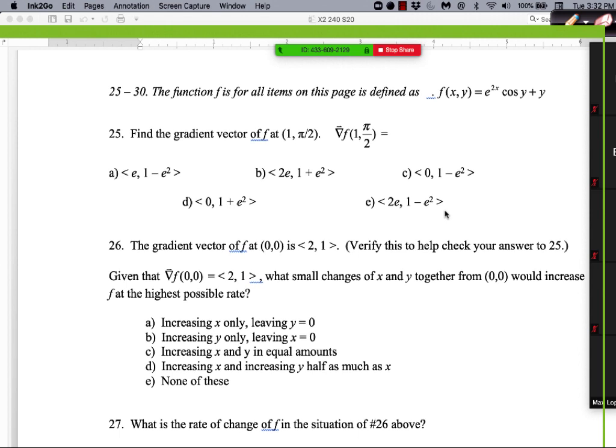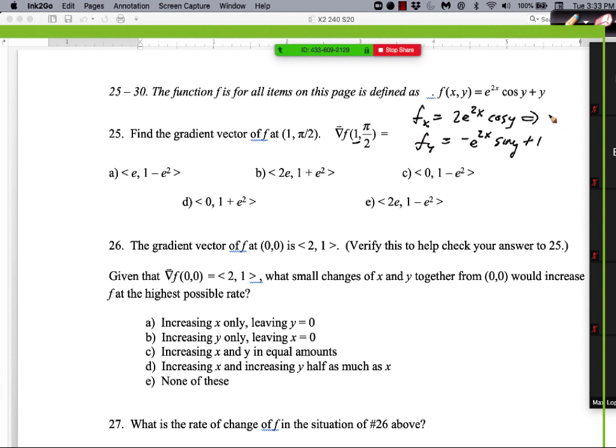And last page, or kind of. The gradient vector is the vector of partial derivatives. The partial with respect to x is 2e to the 2x cosine y. The partial with respect to y is negative e to the 2x sine y plus 1. The gradient will be what you get when you plug 1 in for x and pi over 2 in for y.